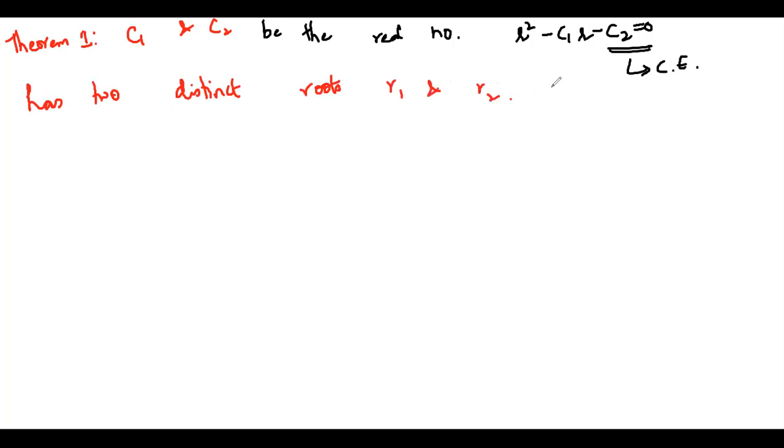Then the sequence an is a solution of the recurrence relation. So what is our recurrence relation? It will be in this form.